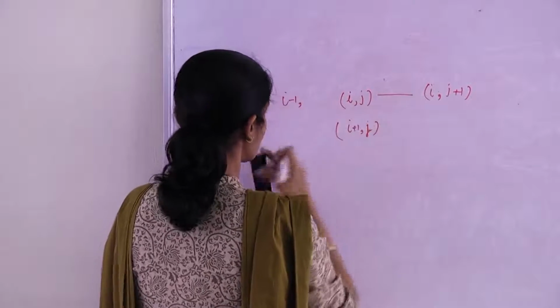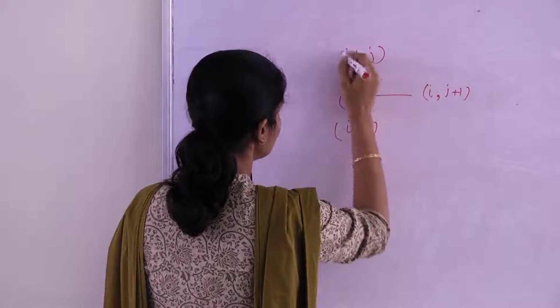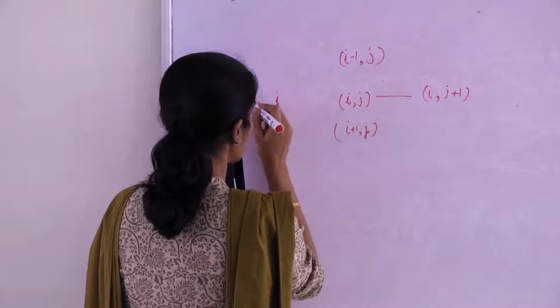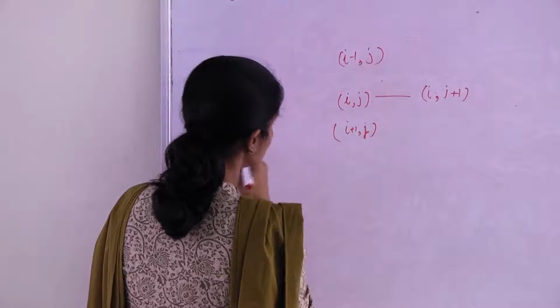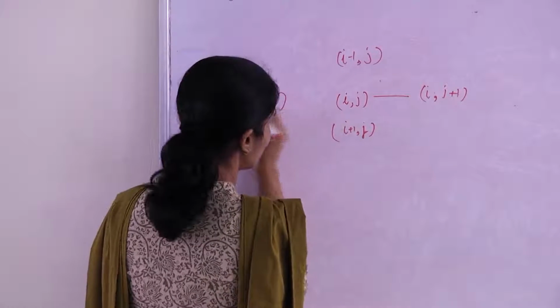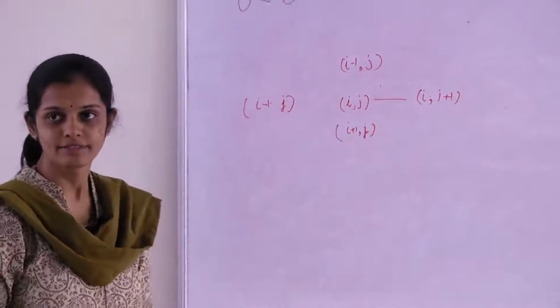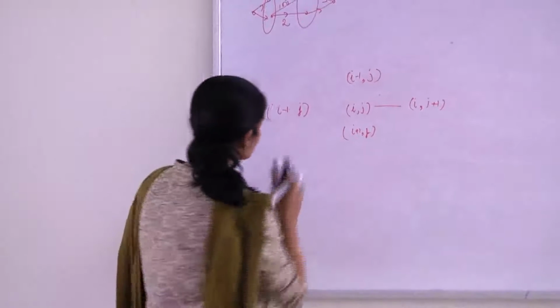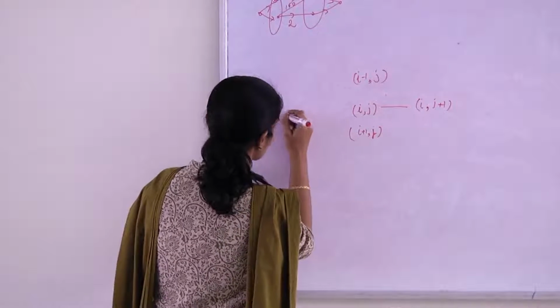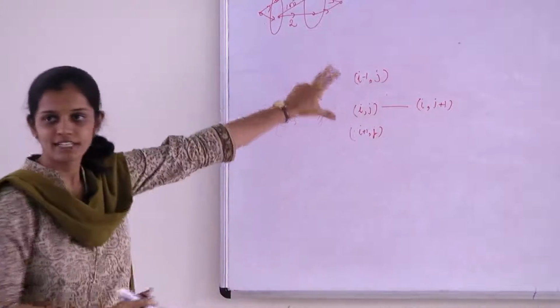And i, j minus 1. Is that correct? Good. Yeah, so these are the four things.